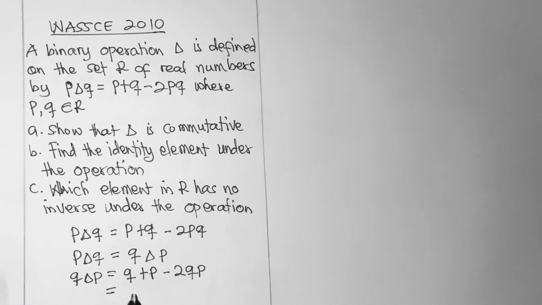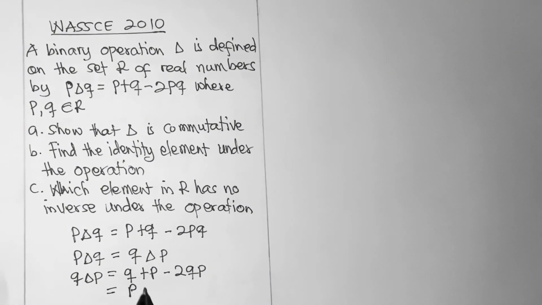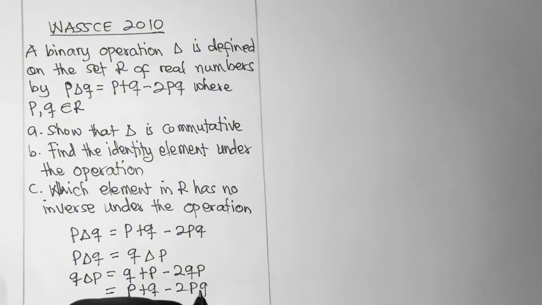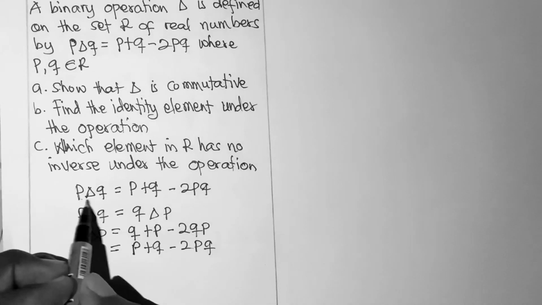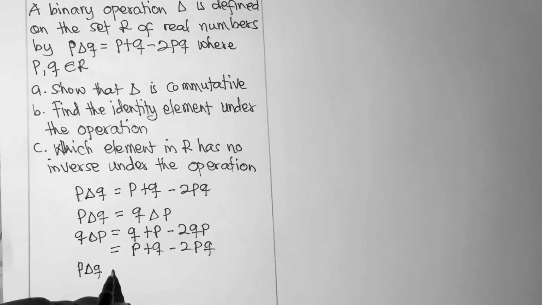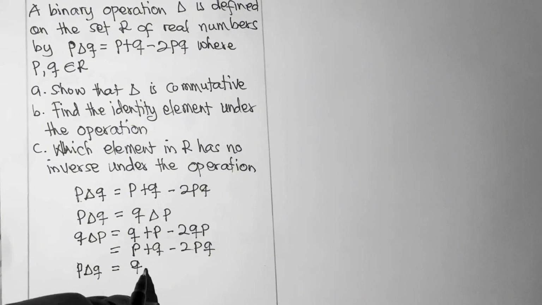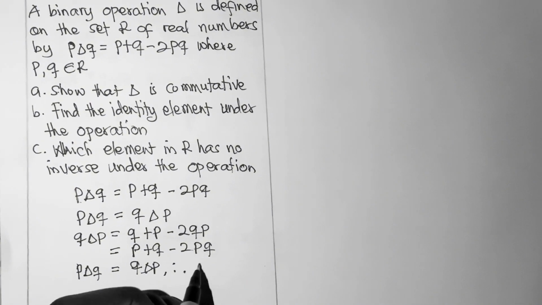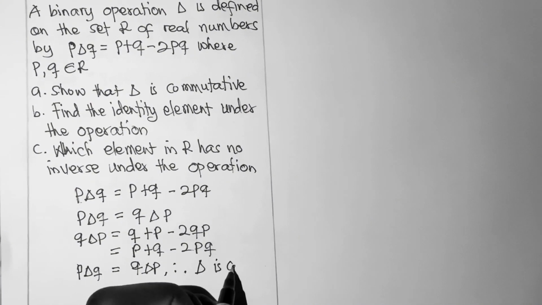So if we rearrange, it becomes P plus Q minus 2PQ. So you can see that P operation Q is equal to Q operation P, and therefore delta is commutative.